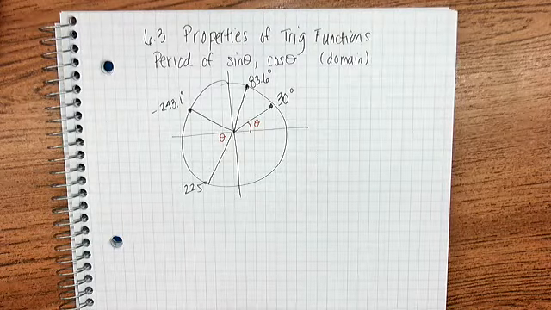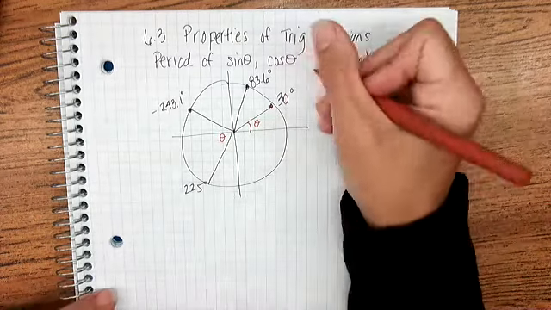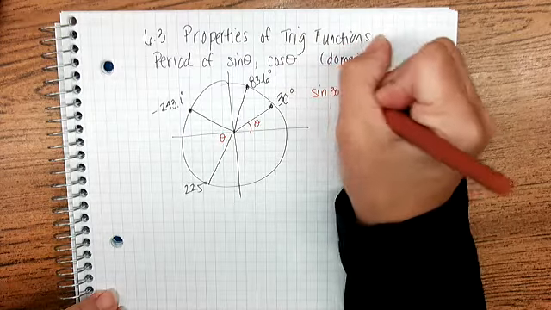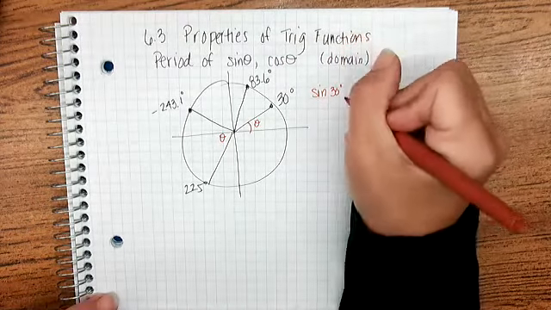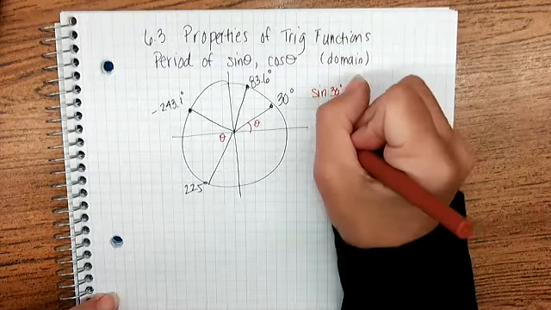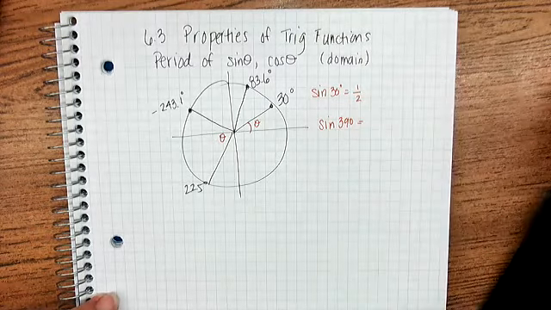So if I asked you to find, let's just go back to exact values, the sine of 30 degrees, 1/2, that's great. If I asked you to find the sine of 390 degrees, it's also 1/2.